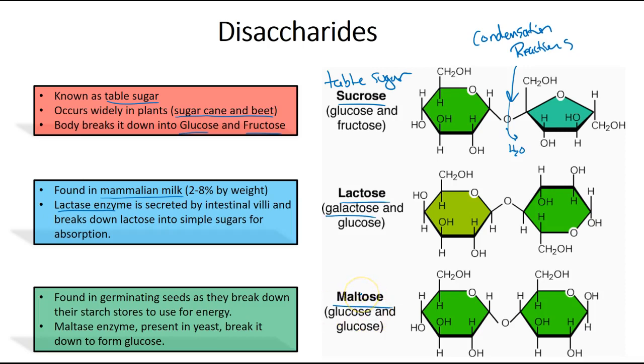Maltose is another plant-derived disaccharide, but it's specifically found in germinating seeds and is a very, very good, completely glucose-dense molecule that is utilized as a starch store for very quick direct energy as the young germinating seed becomes a young and then eventually full-blown plant.